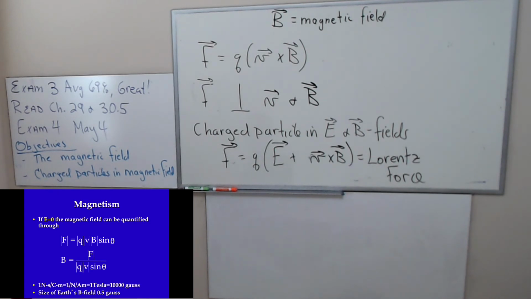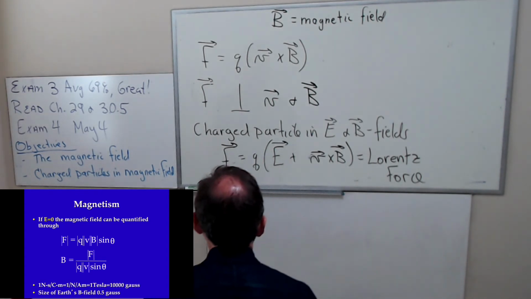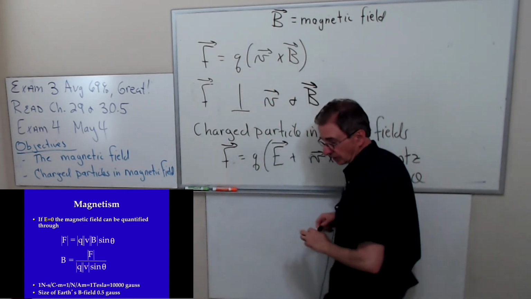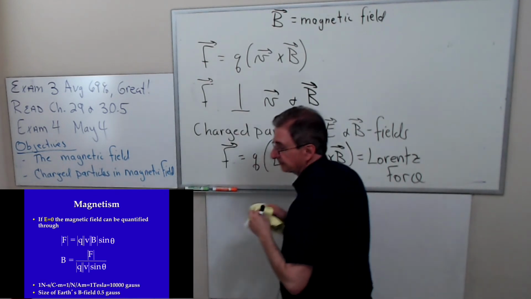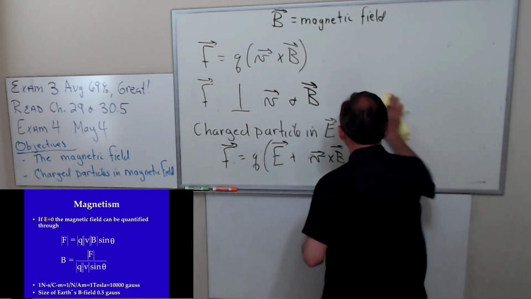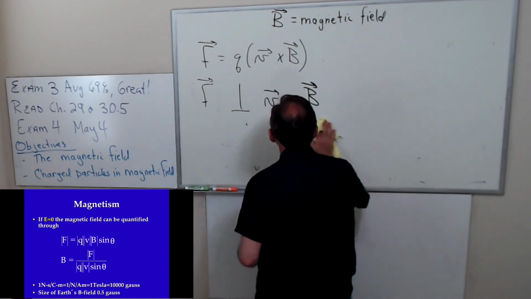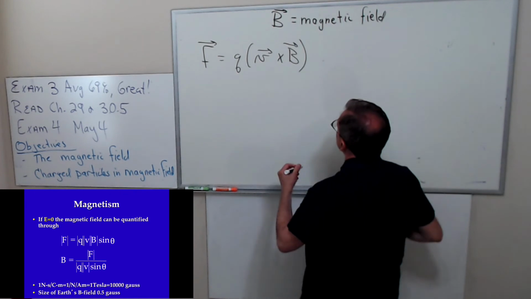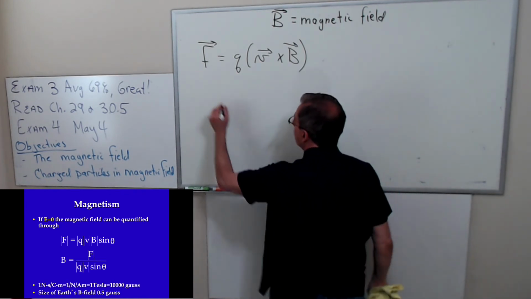So let's focus just on the magnetic force. Let's set the electric field equal to 0 and take a look at this term. Let's look at this part of the Lorentz Force Law and say a few things about it. We're letting E equal 0, and let's write the magnitude.